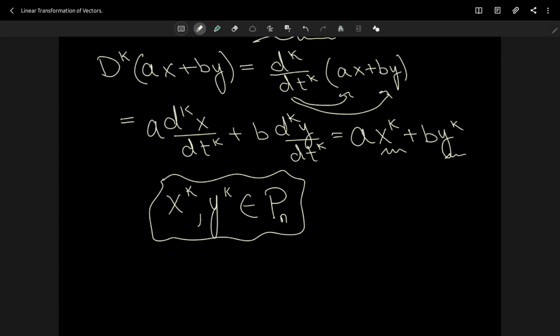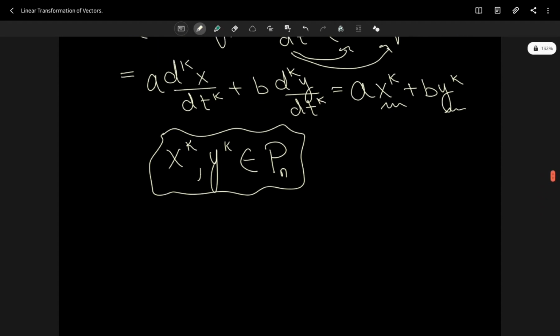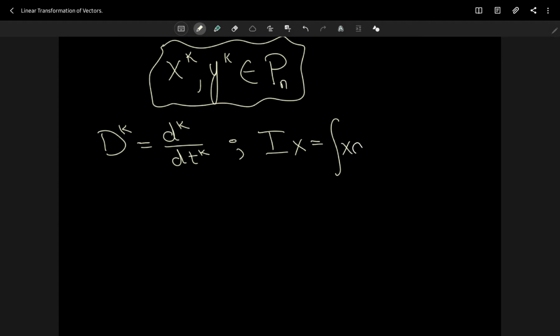Okay, now note over here that the way we define this differential operator is as D_k as d^k over dt^k. But can we define an operator for integration as well? Maybe say I, acting on x, that is something like integral of x dt.